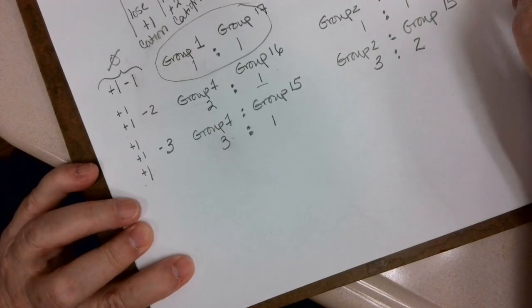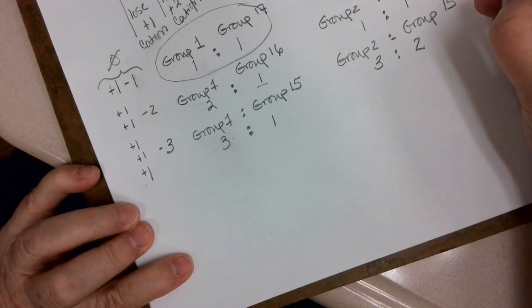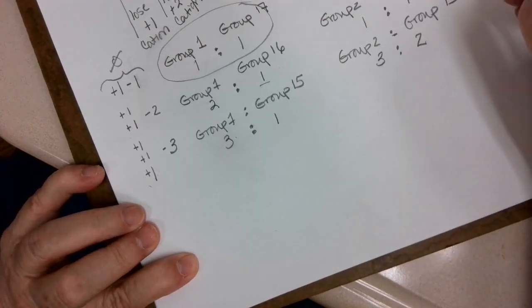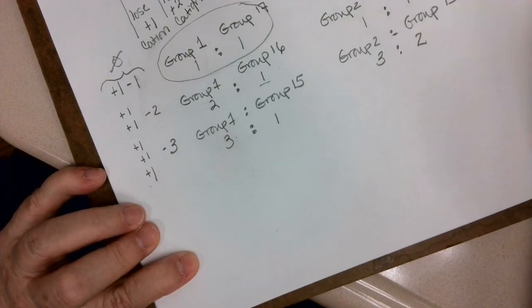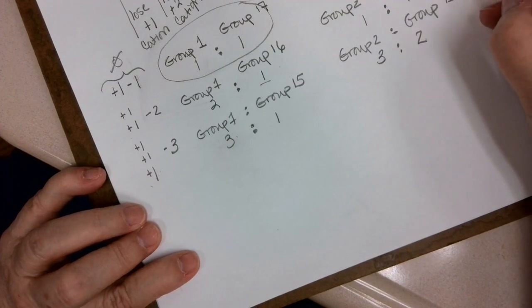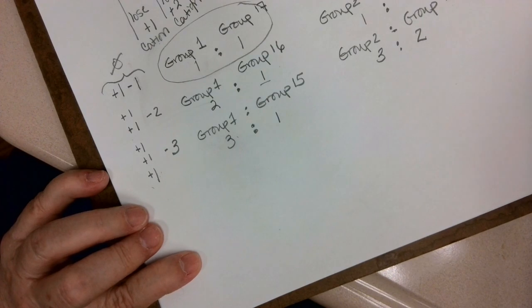Over here, again, we have plus 2, because this is group 2, and you needed to have at least 2 negative 1s to balance it out. And then over here, we had a plus 2 and a minus 2, so that balances out.